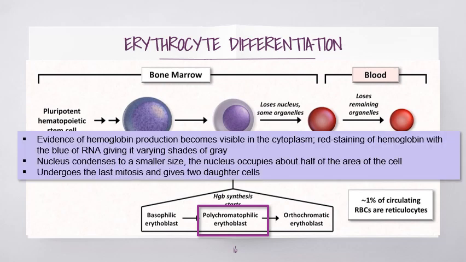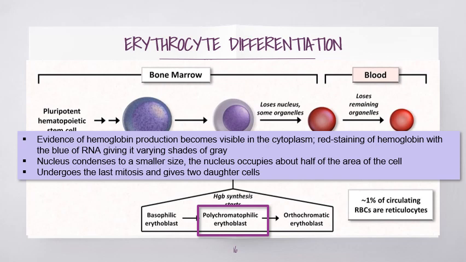So in here, the first evidence of hemoglobin production becomes visible in the cytoplasm. Hemoglobin, as we all know, has a reddish color. So it acts on the acidophilic part of the stain, so it becomes reddish or pinkish in color. Since you still have RNA in the cytoplasm, and you now have production of hemoglobin, the two colors will mix.